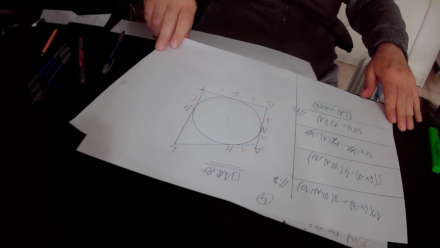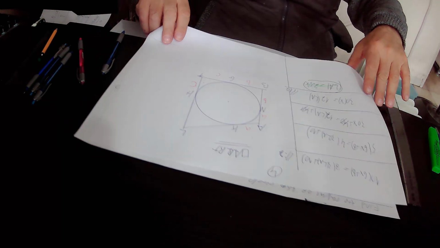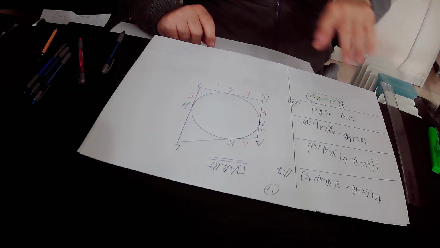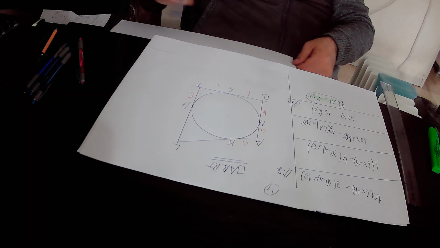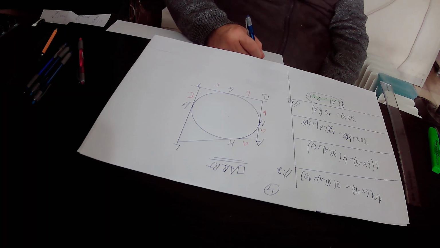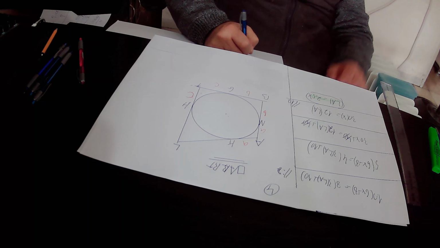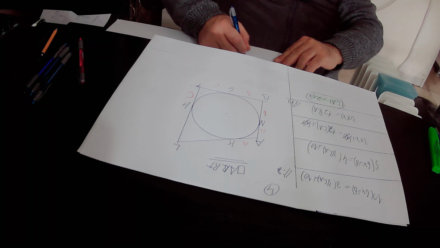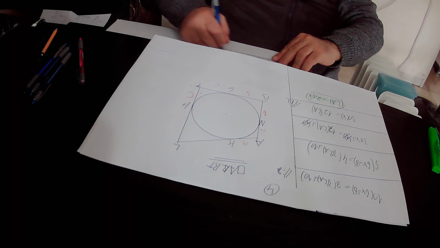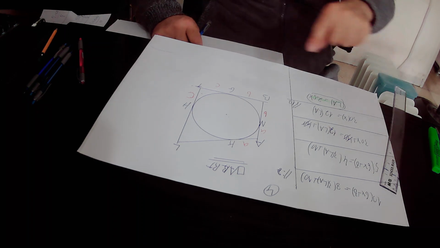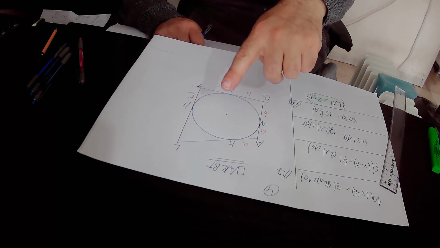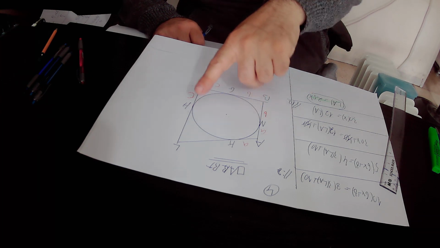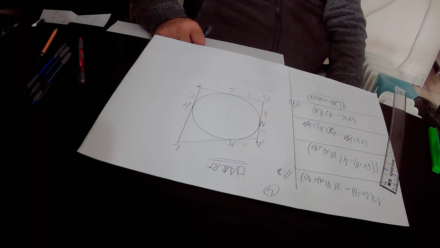And finally, we focus on the common external point L. From L we have two tangents to this circle, tangent LK and tangent LH, and according to rule 2, they are equal to each other.